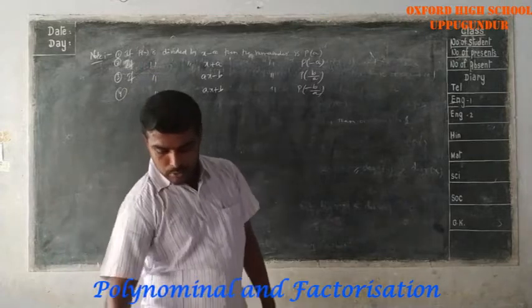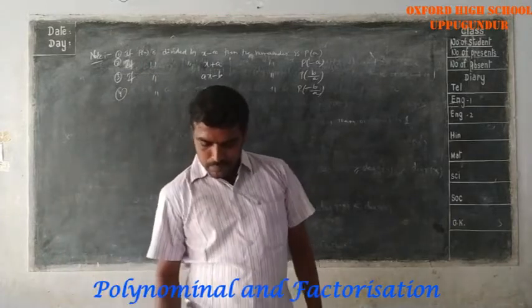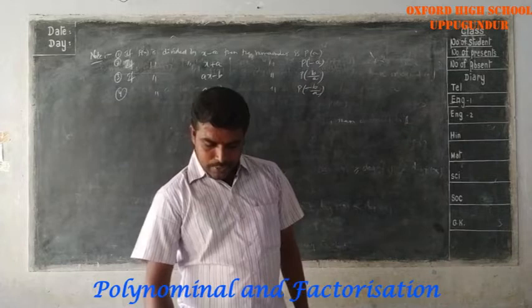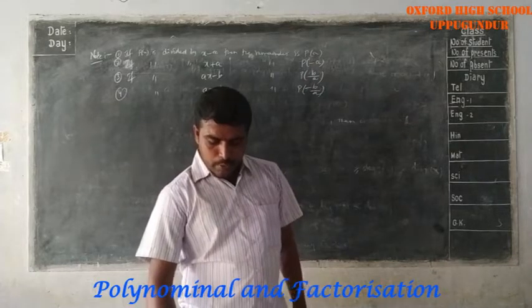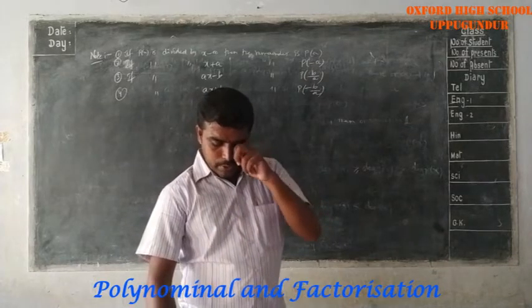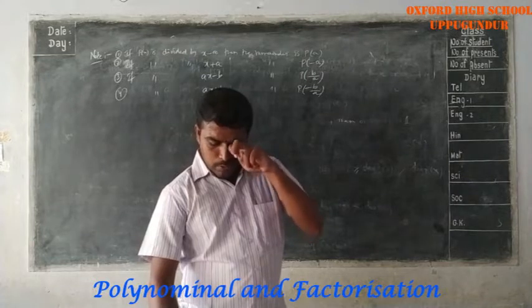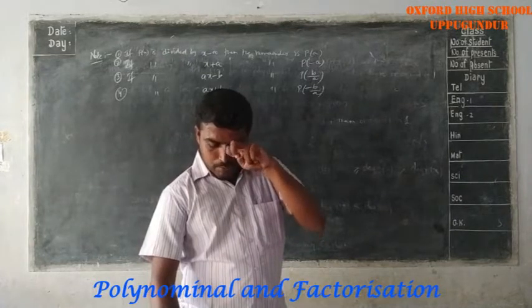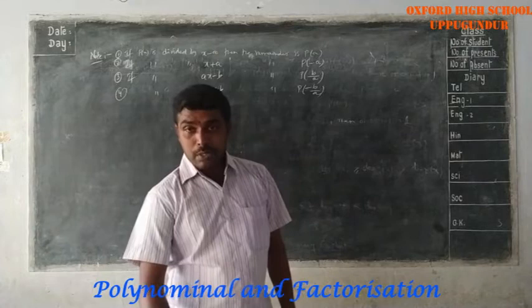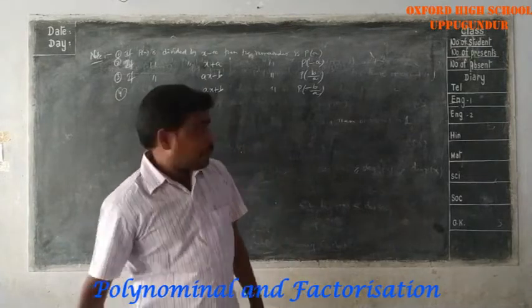So using this we can do exercise 2.3 now. In exercise 2.3, the first Roman numeral has 5 problems. So those 5 problems we can do now.